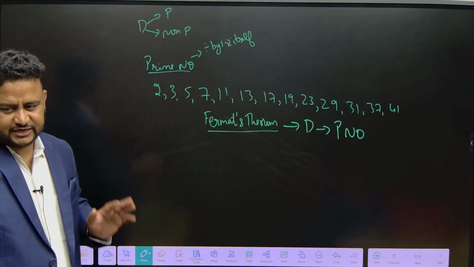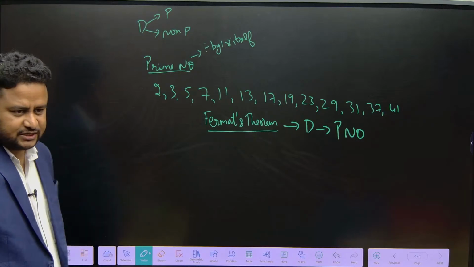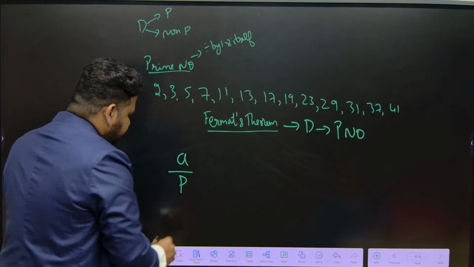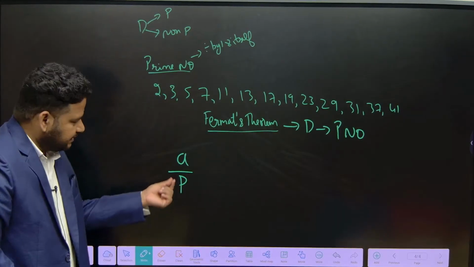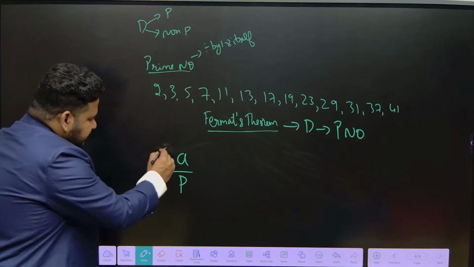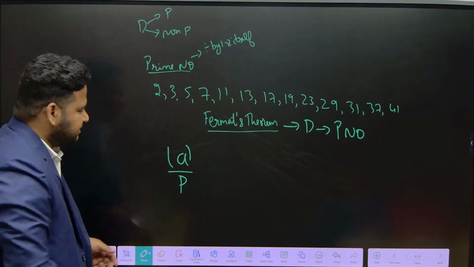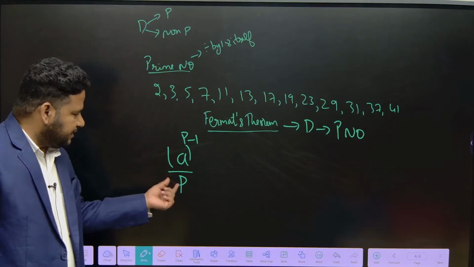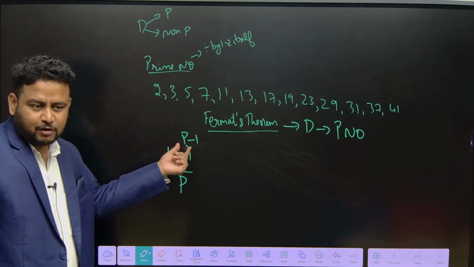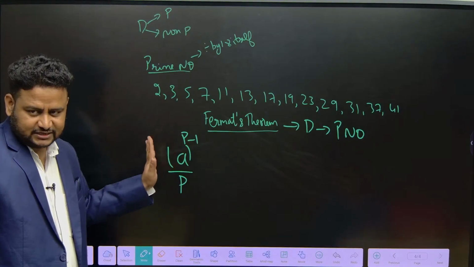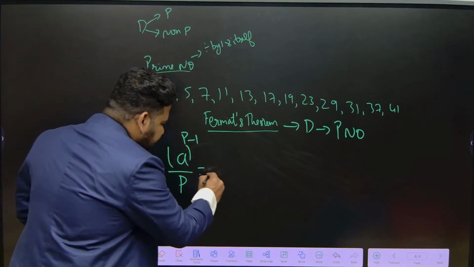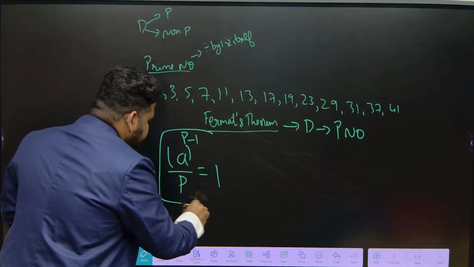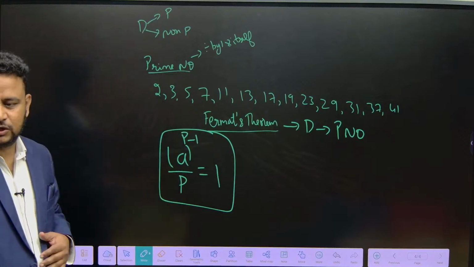Suppose there is a fraction given: a by p, where p is a prime number and a is some number. Here a power is given in the form of a to the power of p minus 1. When I give the example you will understand. Here the remainder will always be equal to 1.